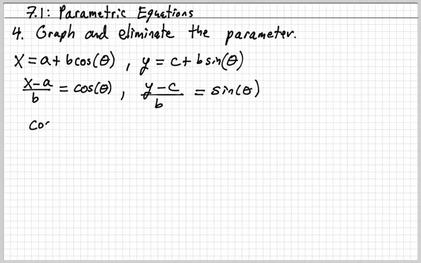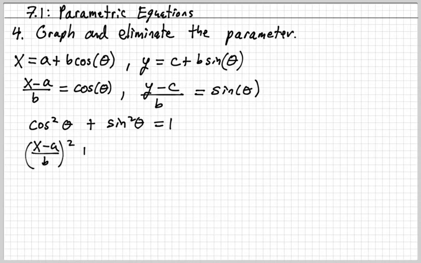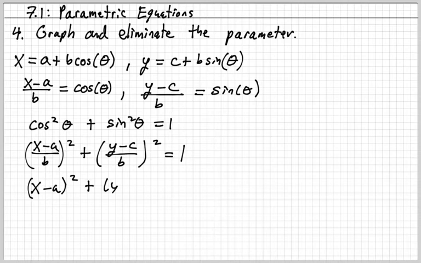Okay. If we use the Pythagorean identity, cosine squared plus sine squared is equal to 1, then we have ((x minus a) over b) squared plus ((y minus c) over b) squared is equal to 1. And if we multiply everything by b squared, we have (x minus a) squared plus (y minus c) squared is equal to b squared.